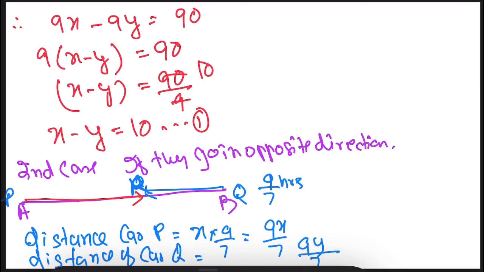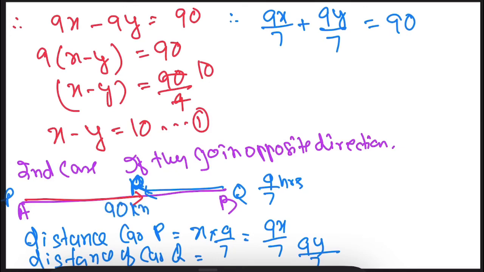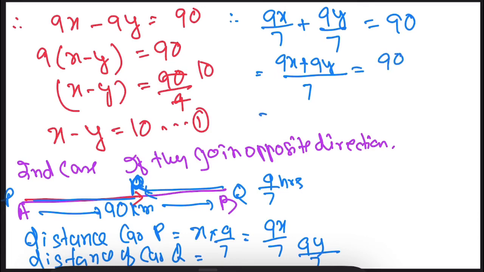According to the question, 9x upon 7 plus 9y upon 7 equals 90, isn't it? The distance between these two is 90 kilometers, and they travel for 9 upon 7 hours. Now let's take the LCM: 9x plus 9y equals 90 times 7, which is 630. This is our second equation.